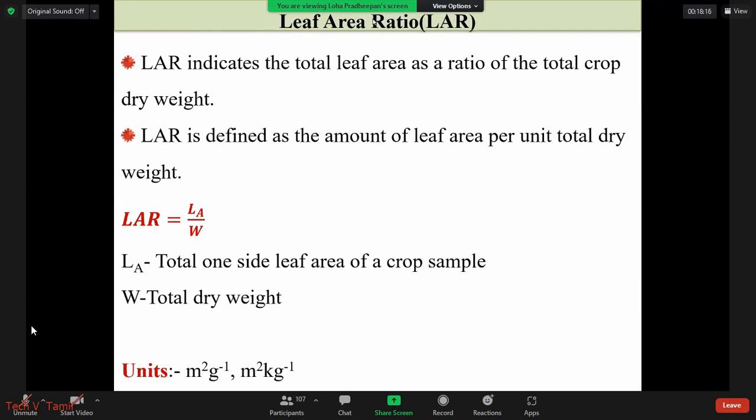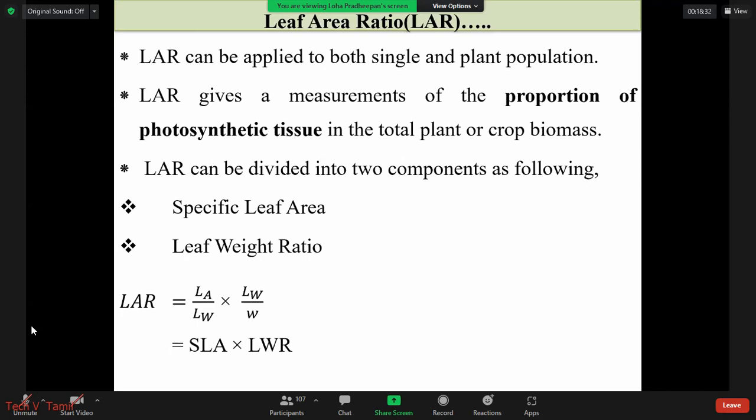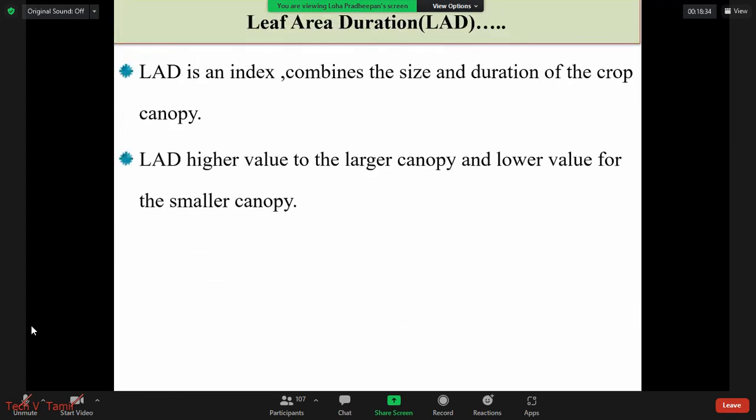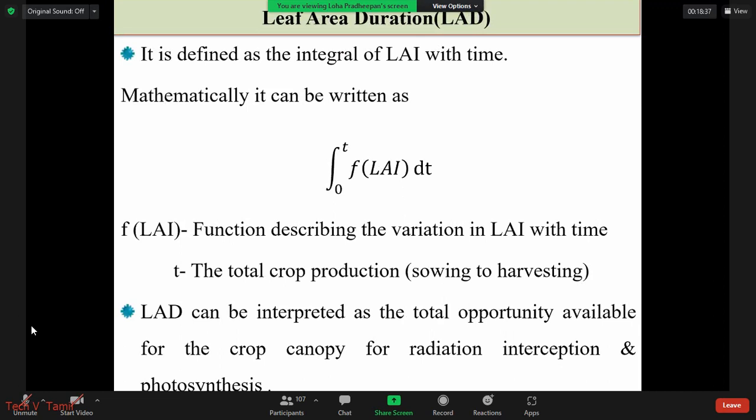Leaf area ratio is the multiplication of specific leaf area and leaf weight ratio. Then we studied the leaf area duration. That is the integration of the leaf area index with time. For the crop from sowing up to harvesting, how the leaf area varies with time. That is the integration of the leaf area index.